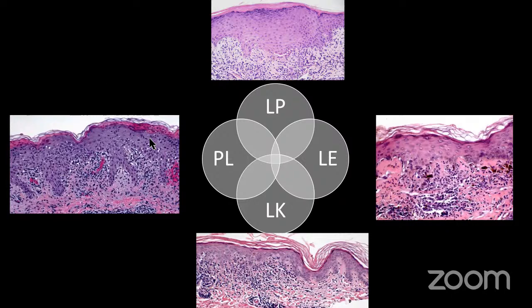In contrast, pityriasis lichenoides has an interface reaction that's a little more subtle. It doesn't wipe away the rete like lichen planus does, and is also associated with scale crust, hemorrhage, and lymphocytes around the vessels as well. Lupus erythematosus often will result in wiping out of the rete with interface change, a lot of pigment dropout, and then some thickening of the basement membrane zone, as you can see here.